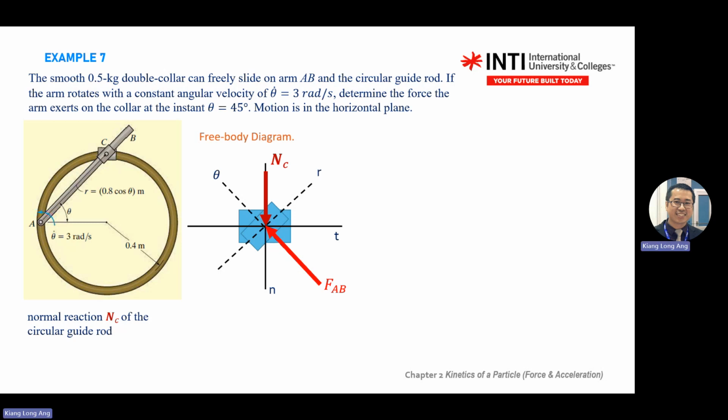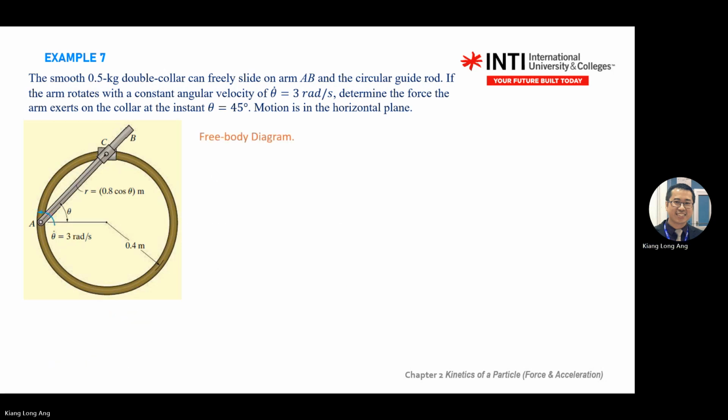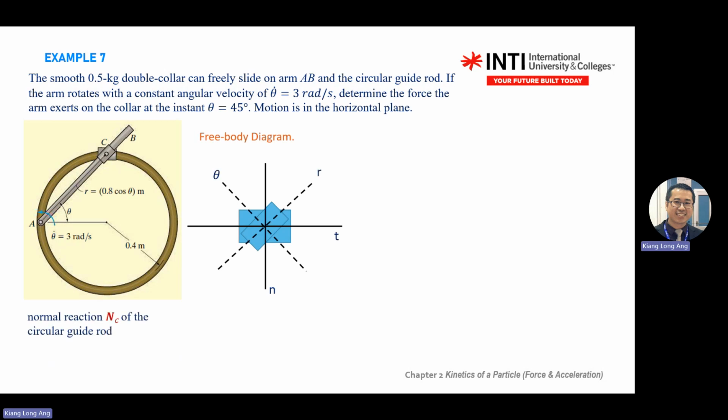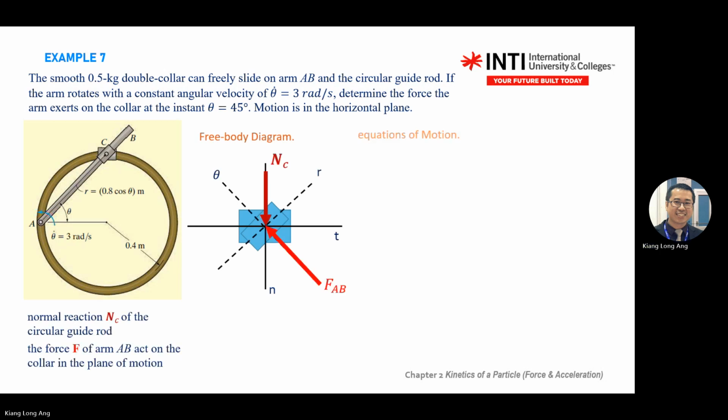So where is the force? The force will go through the center of the mass, and we label it as F_AB. Then you continue with that. So you have done with all the forces. Why is there no weight inside here?